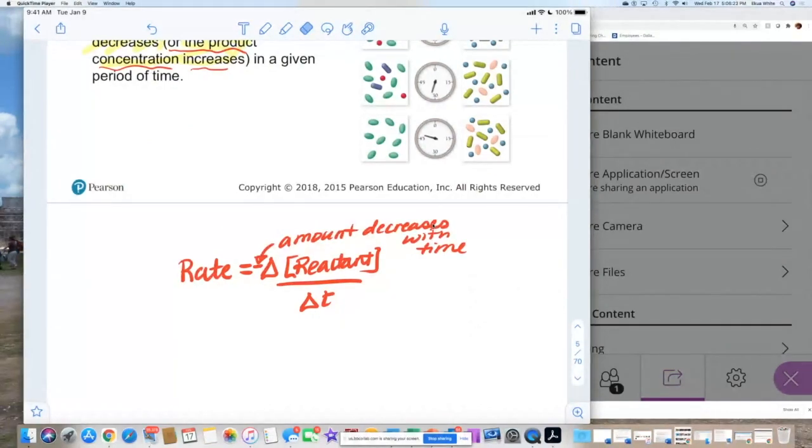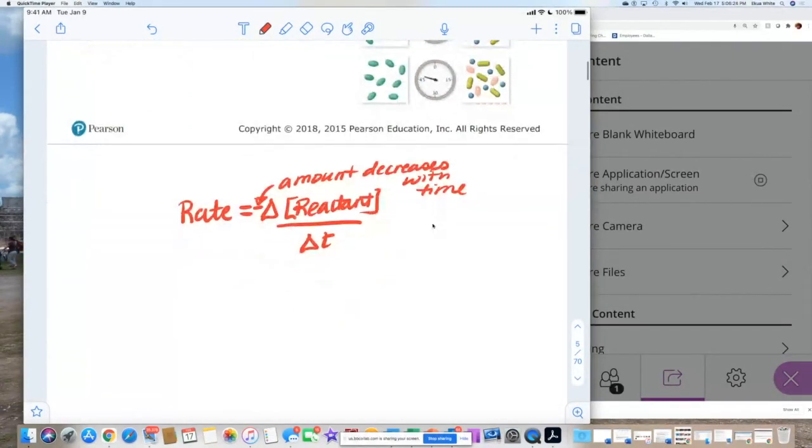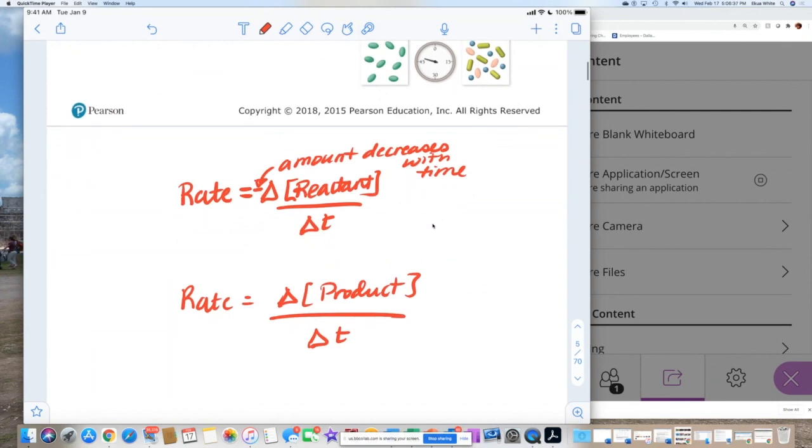So yeah, rate is equal to that, or the other rate as I drew it is equal to change in product concentration over change in time. And I say here amount increases.